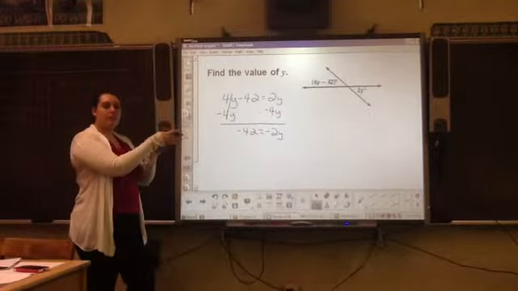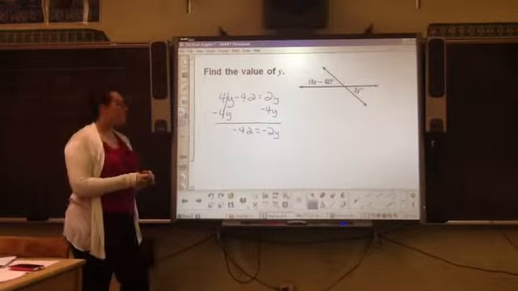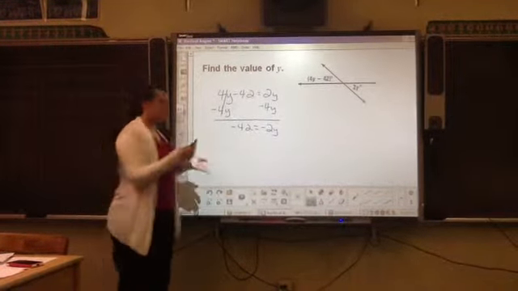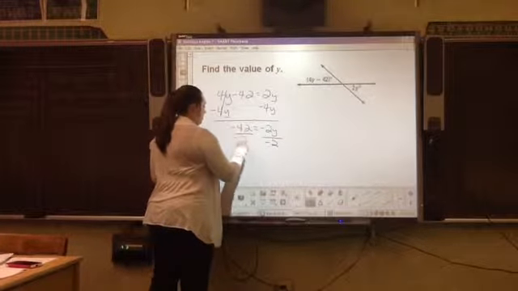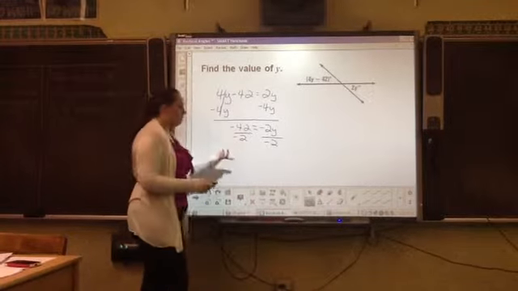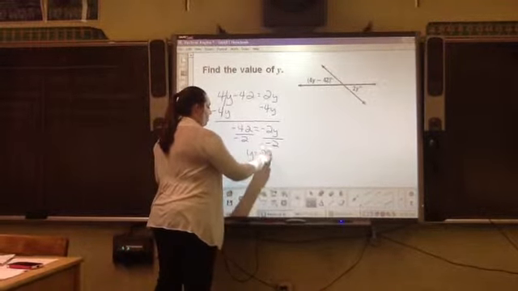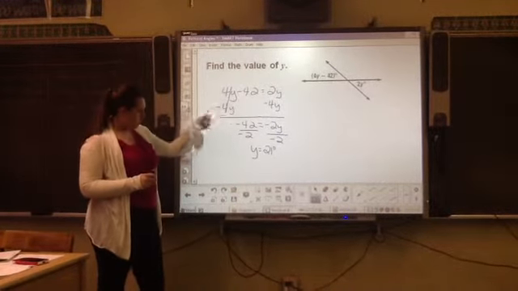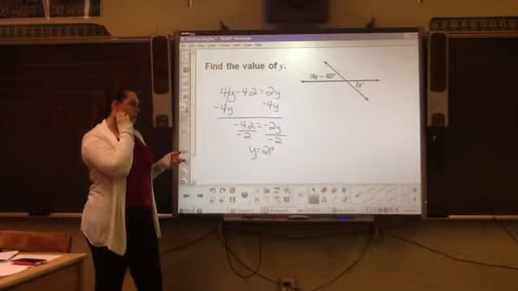Which means you're going to pass 0 and go 2 places from 0, which is negative 2. So, to isolate y by itself, simply divide both sides by negative 2. Therefore, our final value will be y equals 21 degrees. Positive 21, because you have a negative divided by a negative, which will give you a positive number.